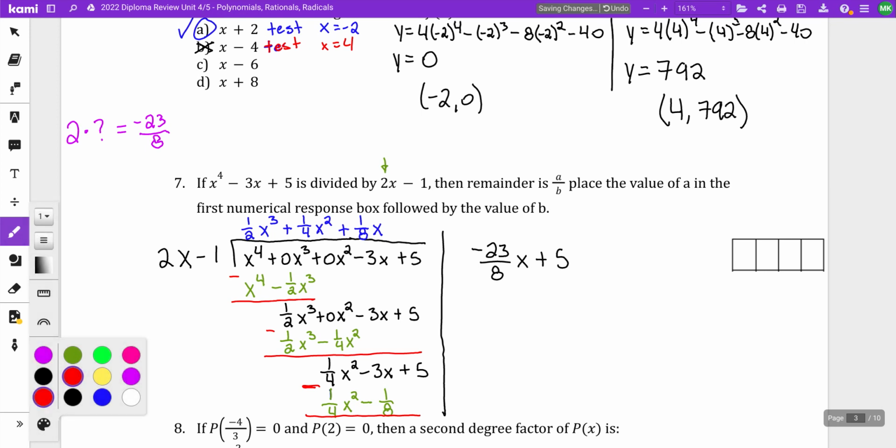You just have to divide by 2. Okay, so in your calculator, if you put in negative 23/8 and divided it by 2, that tells you what you have to multiply by.